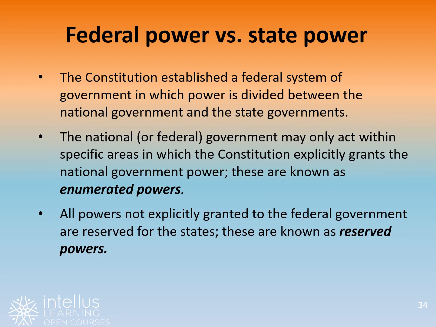The Constitution established a federal system of government in which power is divided between national and state governments. All right? And it did that in such a way where we have two really different types of power. So it's very important. I want you to pay attention so that you don't get confused on this.